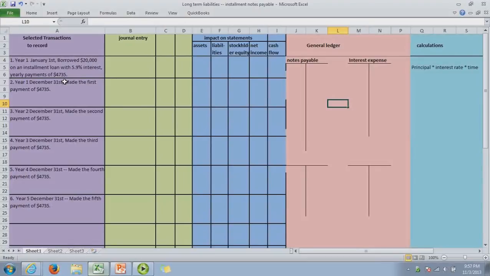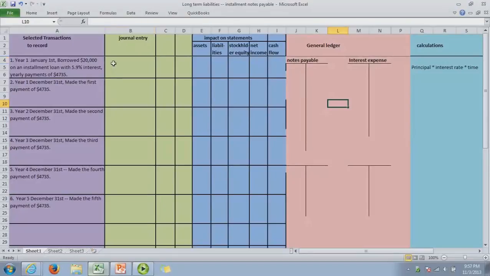Using the mathematical principle of present value of an ordinary annuity, with 5.9% interest, 5 payments, and $20,000, you'd be paying $4,735, and it was like $4,735 and 2 cents. So we're just simply rounding off. We're not going to show any cents, just to keep it a little bit easier to deal with.